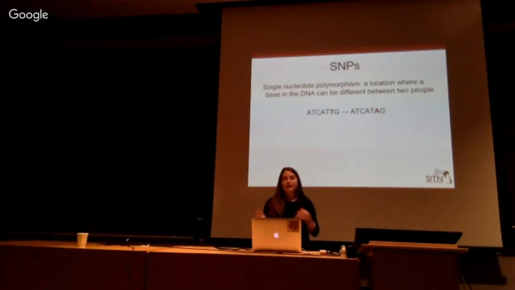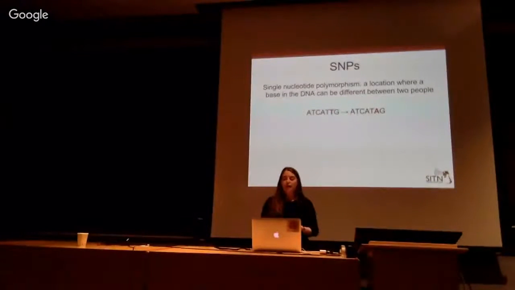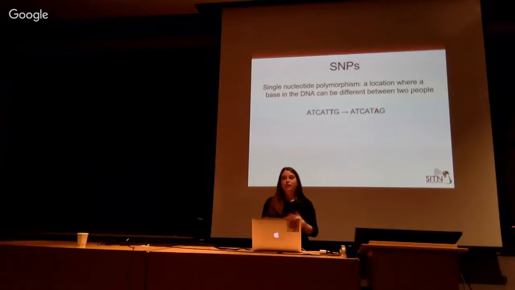SNP stands for single nucleotide polymorphism. Nucleotide is just another word for base. Polymorphism is a word that just means difference or change. All it is is a location where a base in the DNA can be different between 2 people. Like we just talked about, where Tina has a T, Amy has an A. So that spot is a SNP because not everyone is the same. Now these actually exist all over the genome.